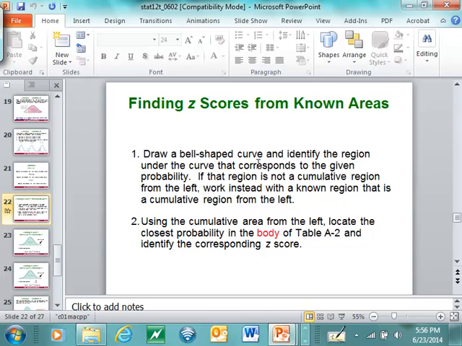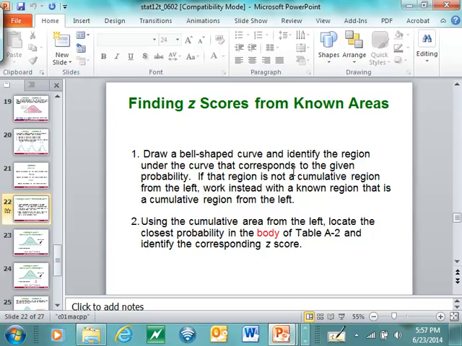So finding z-scores from known areas is the so-called working backwards sort of problems. If you know an area or probability under the curve, then you can look up the corresponding z-score. So you can sketch a bell-shaped curve, identify the region under the curve that corresponds to the given probability.